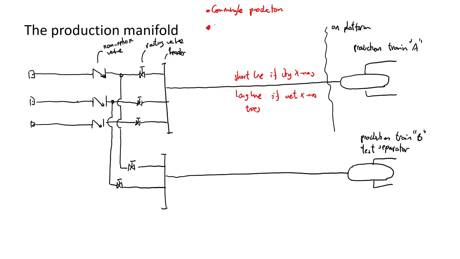Okay, so redirect production. And this is important for testing. It can also be to avoid bottlenecking.